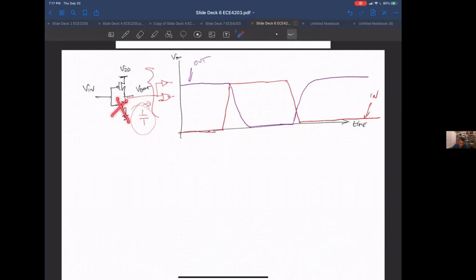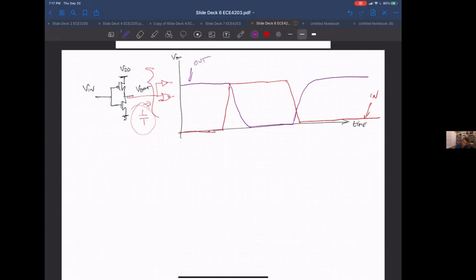So this guy's off. The PMOS is on, and it's keeping the output at 1 volt. But because this is purely capacitive, once it charges this value all the way to VDD, there's no current flowing through it.